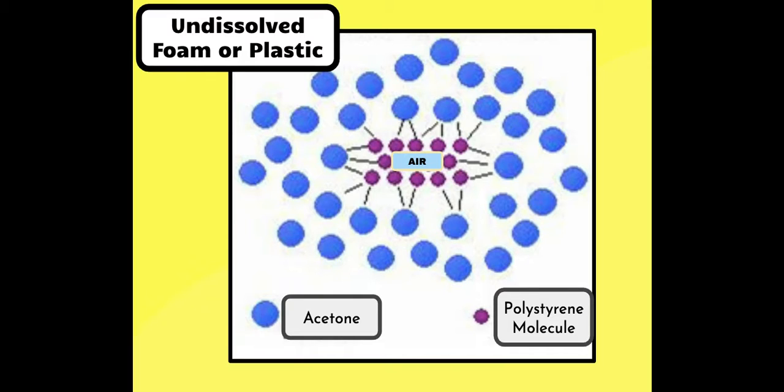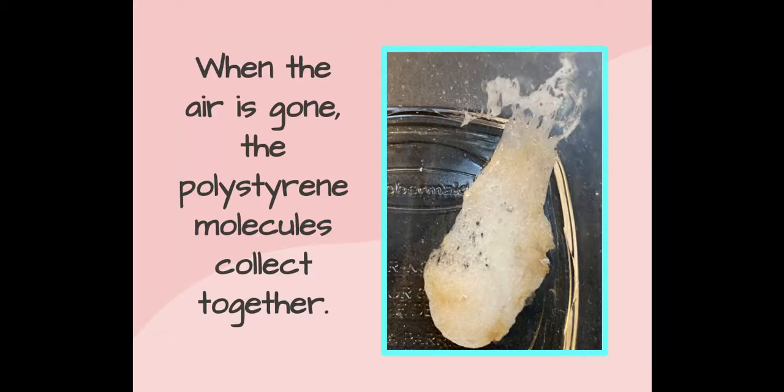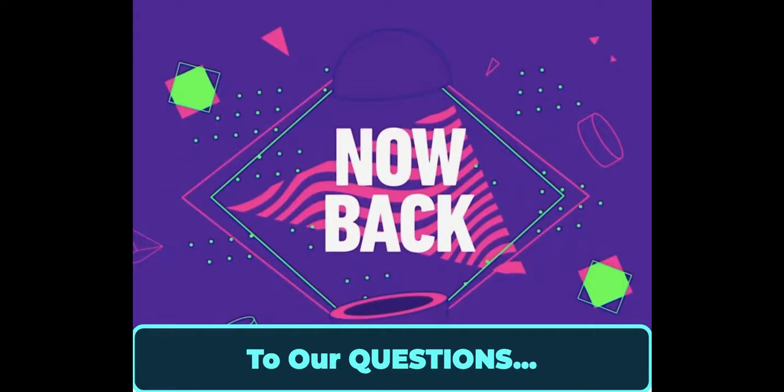And once it gets a chance to interact with the polystyrene, the chains of the polystyrene are going to be broken apart, so the air is going to be able to escape from that little pocket of the polystyrene. And so when it's dissolved, it is going to be taking up less space when the air is released. So when the air is gone, the polystyrene molecules collect together inside the container, and they're still there, they're not destroyed.